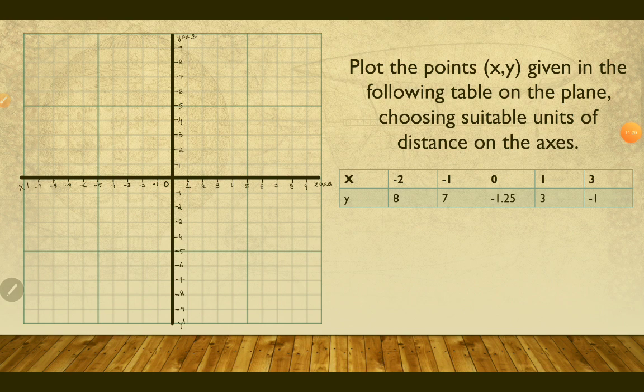Plot the point x comma y given in the following table on the plane, choosing suitable units of measure distance on the axis. So minus 2 comma 8. So x is minus 2 and y is 8.